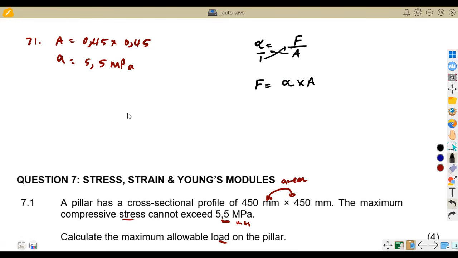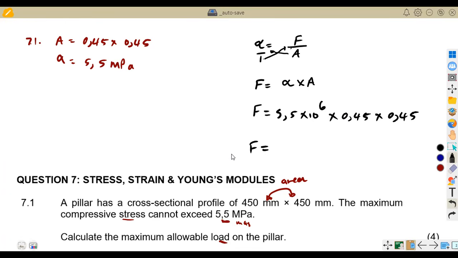So we are simply going to substitute our values as we are given. Our force is going to be equal to the stress that you're given, 5.5 megapascal, that's 5.5 times 10 to the exponent of 6, times the area, which is 0.45 times 0.45. That is going to give us the required force.